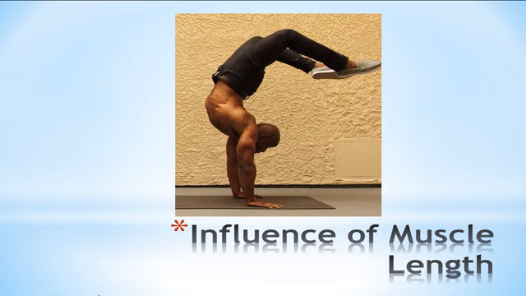So looking at muscle length, and understanding that at end ranges, both in the shortened and the lengthened position, will have an influence on the muscle's ability to generate force. That becomes important when we're looking at developing stability and developing function in the trunk.